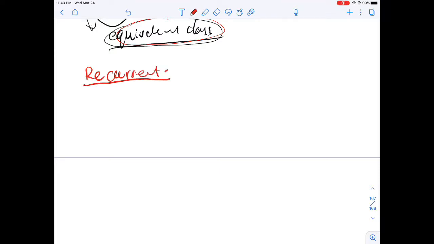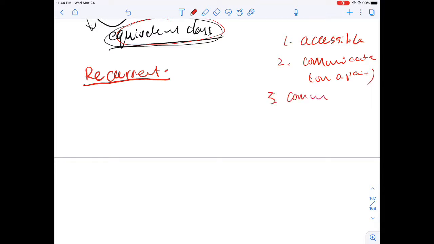Before we proceed, let's recap what we have covered. There's a concept called accessible, and a concept called communicate. Those are really just on a pair. Then the third thing is the communicating class, which is really just the equivalence class in the logic sense.